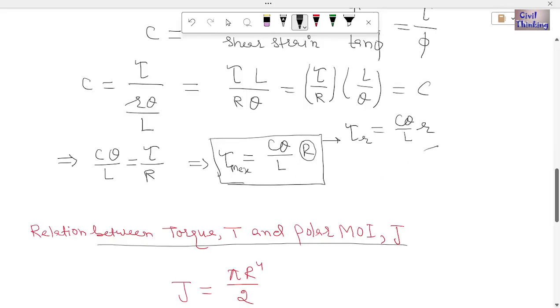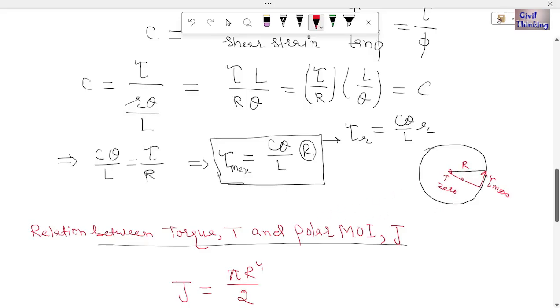So if you draw a diagram, it is going to be something like this. Here you have tau max, and here we have 0.